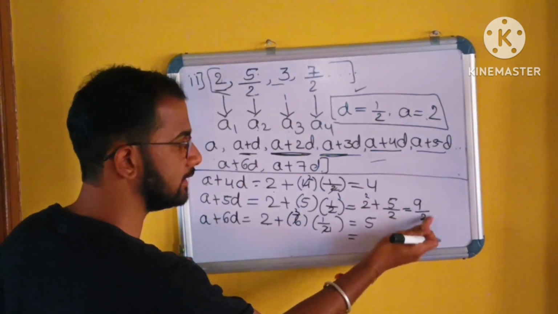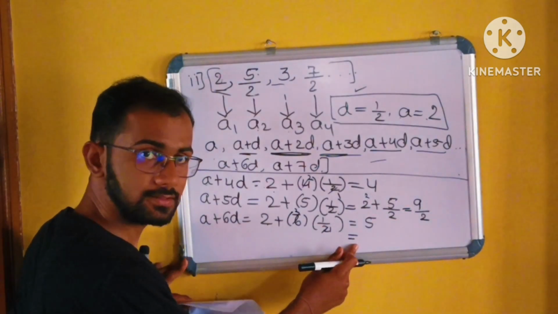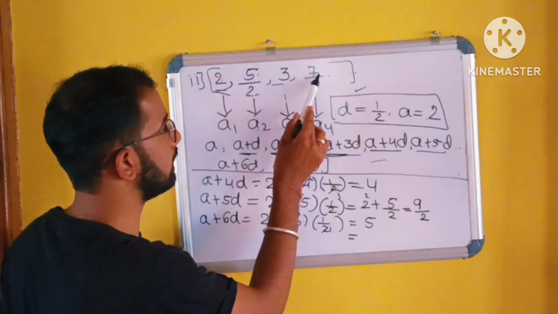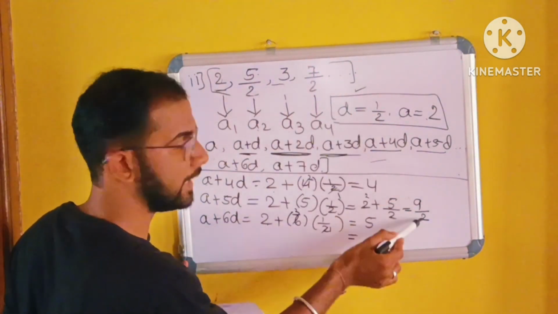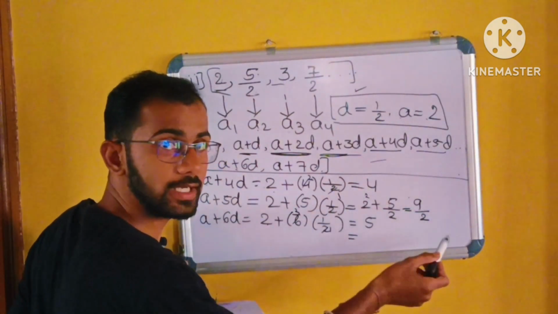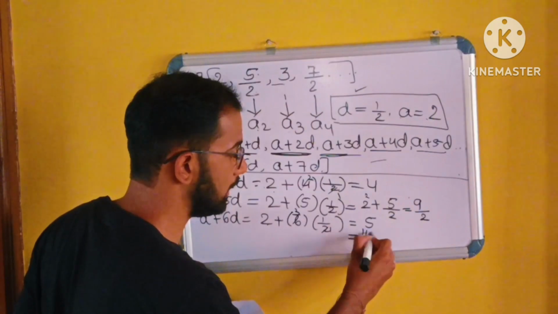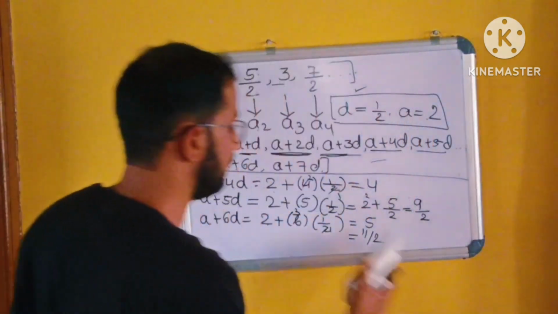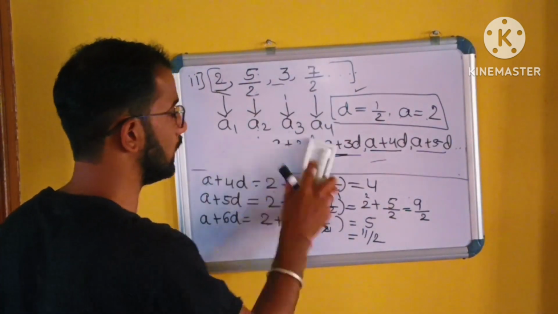Next, by seeing this pattern, can we write the last term? How? See here, 5 by 2, 7 by 2, 9 by 2, 9 plus 1 by 2. How much? That is 11 by 2. Like this, we have to write the four terms.